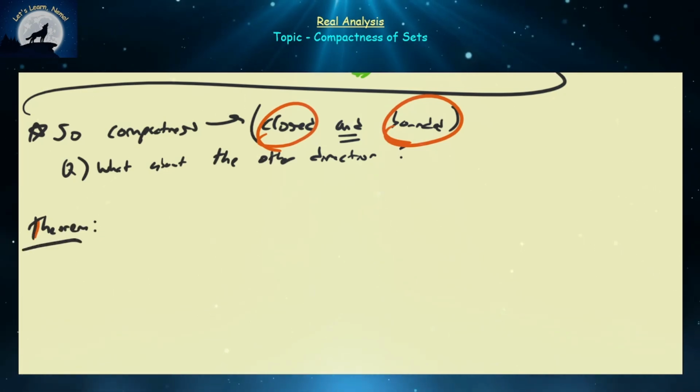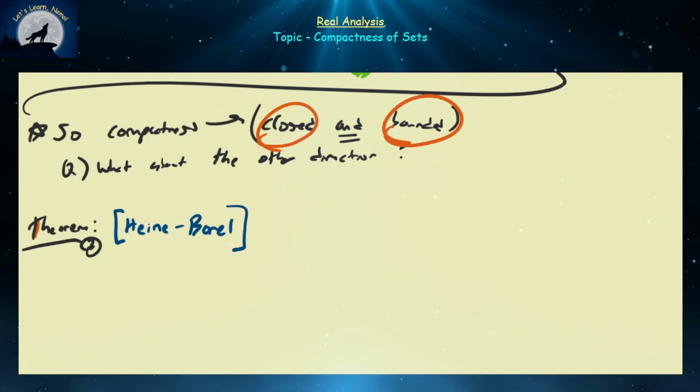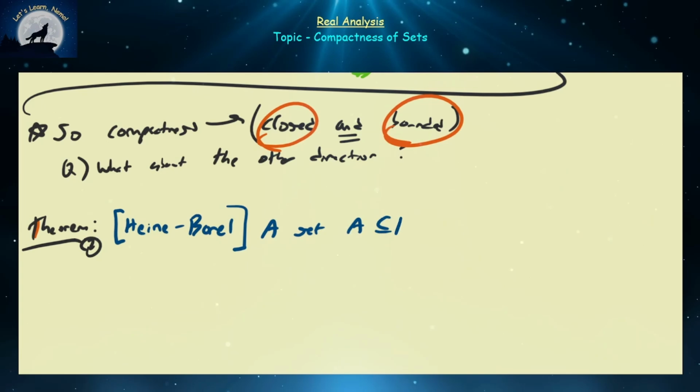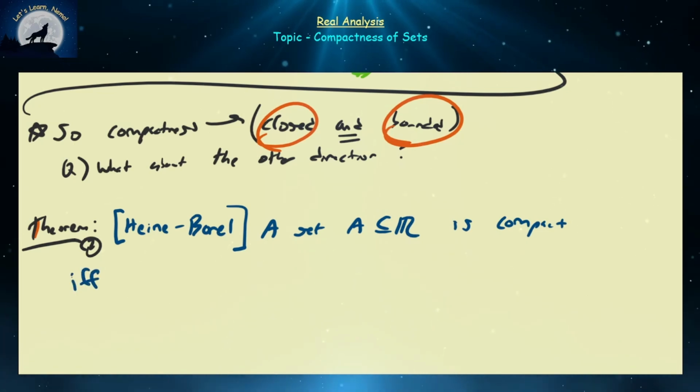So the next theorem confronts this particular question, and this is sometimes called the Heine-Borel theorem. It says that a set A, subset of R, is compact, take a guess at what the next statement is, if and only if A is closed and bounded.